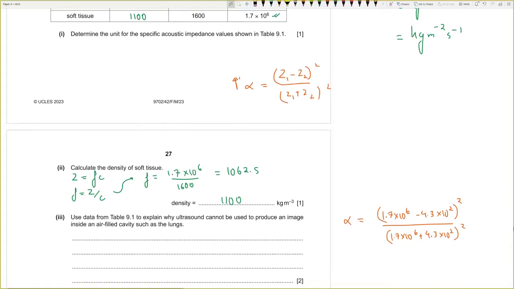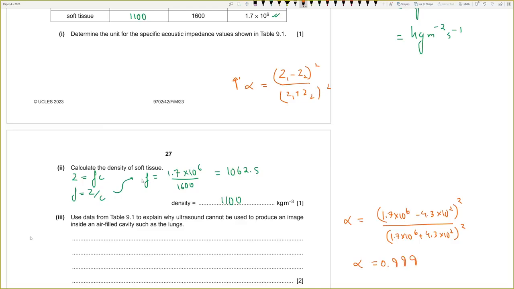Let's do this. This was a pretty big paper though, honestly. So I'm getting a value of 0.999 actually.